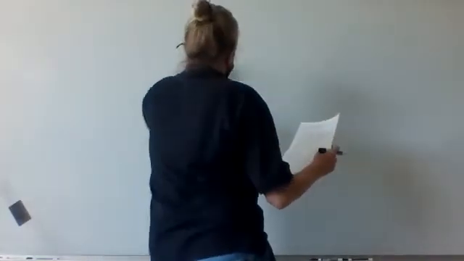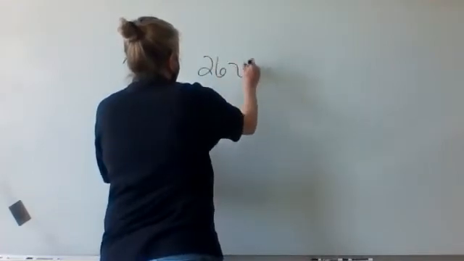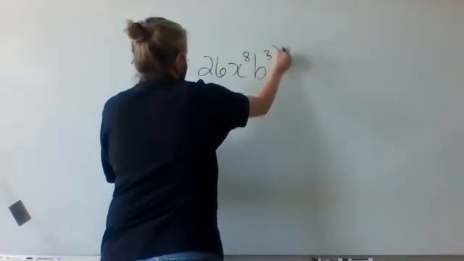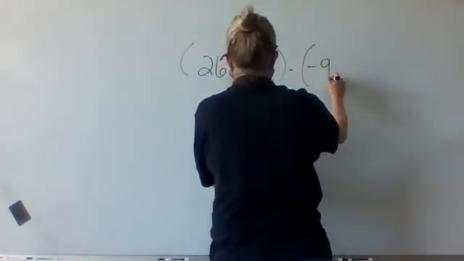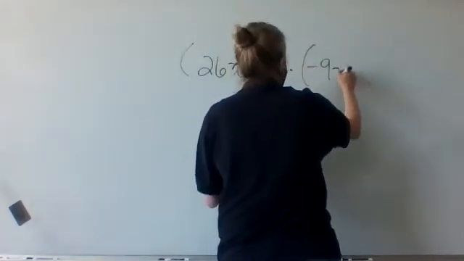All right, number 4. 26 x to the 8th b to the 3rd, times -9 x to the 6th b to the 4th.